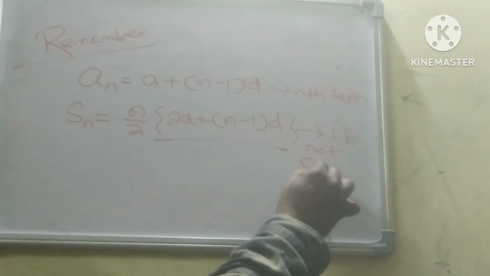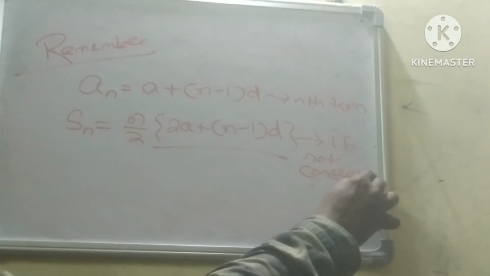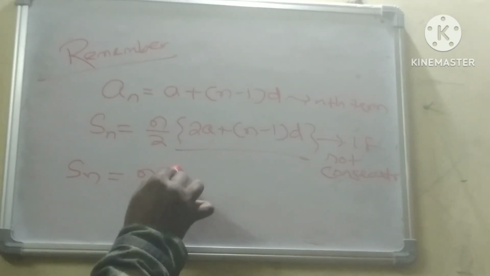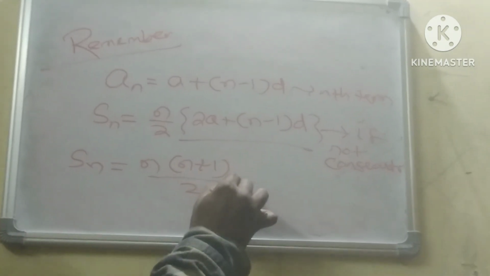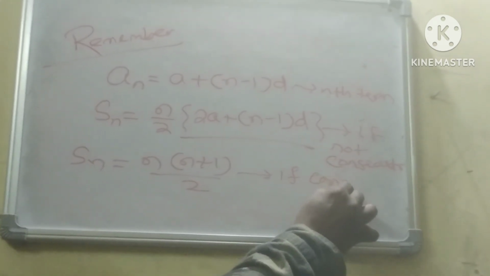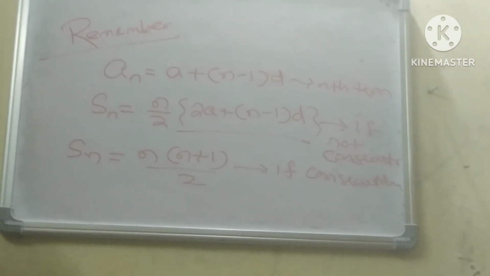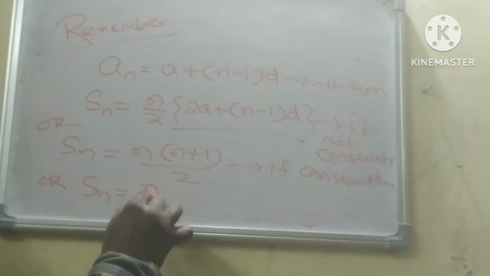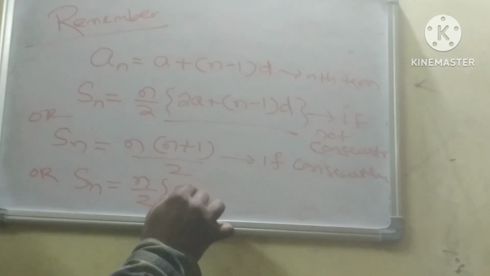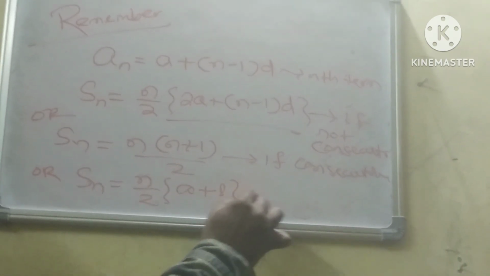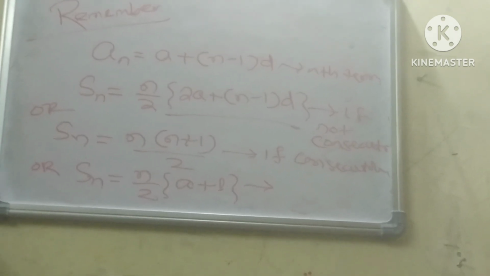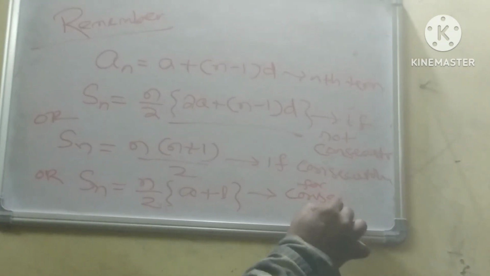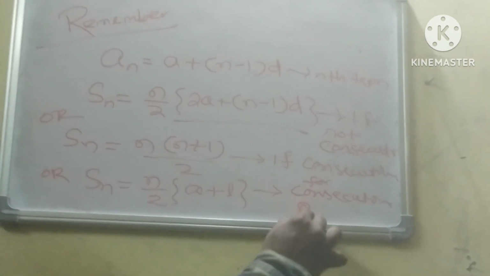Or S_n is equal to n into n plus 1 by 2 if consecutive. Or S_n is equal to n by 2 into first term plus last term, which is also for consecutive terms. Then apply it.